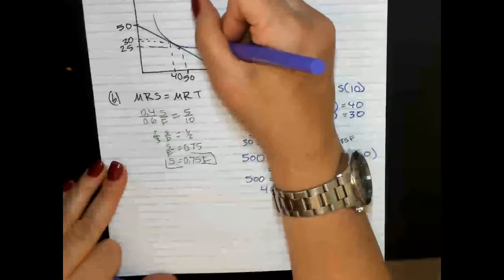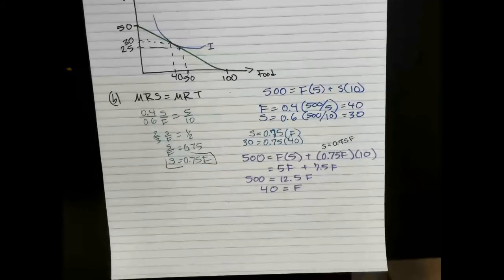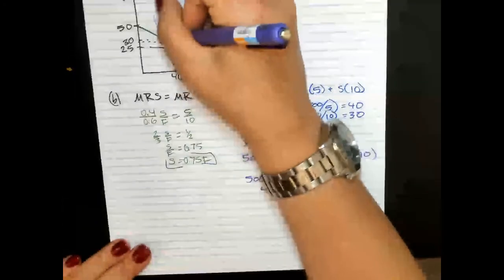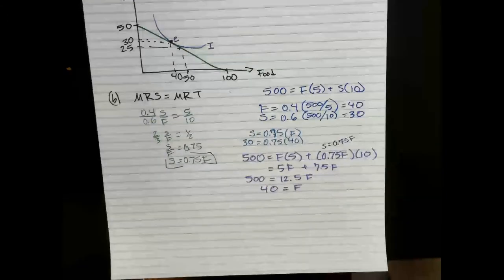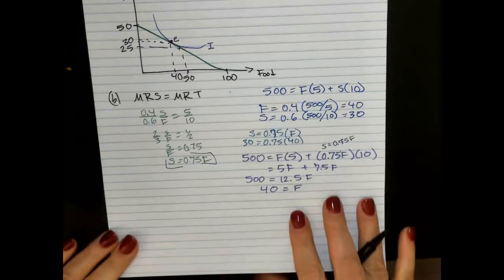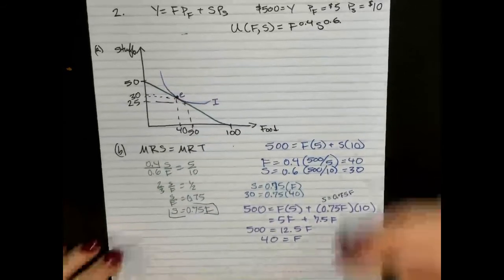I'm going to label it I, and I'm going to label that consumption bundle E. Okay? So hopefully once you've got that, that's pretty simple. And then the last question, question D. I'll solve D up here so it's all in one spot.